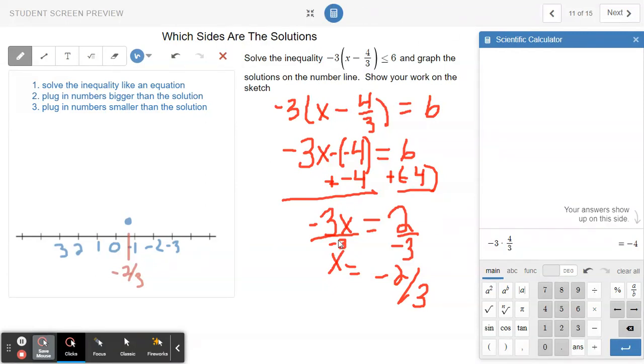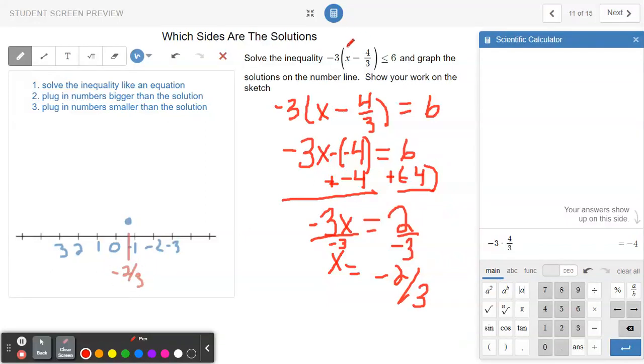All right. So we're going to try one number bigger than the solution and one number smaller. Let's see here. I always like to pick easy numbers, right? Make them easy. What if we made x, well, 0 is bigger than negative 2/3, isn't it?